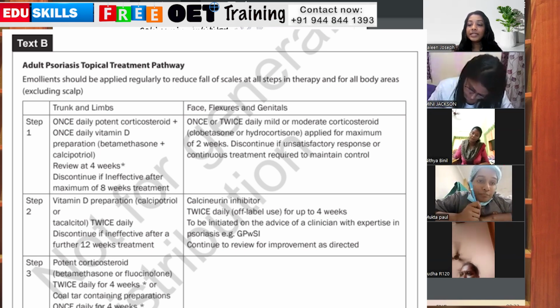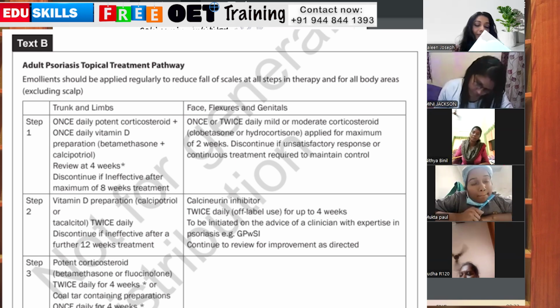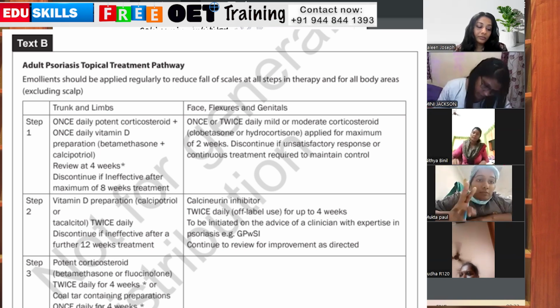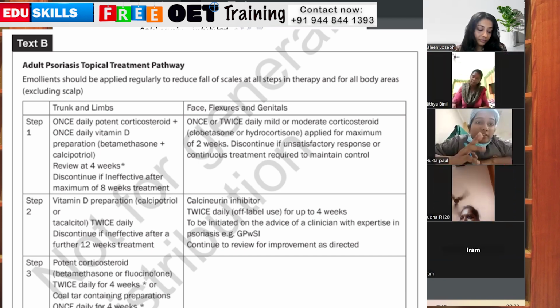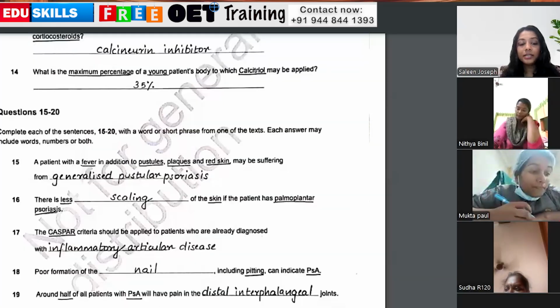Yes, 2 weeks, from the text, the last point: flexures and deltoids, once or twice daily, mild or moderate corticosteroid. It is applied for a maximum of 2 weeks. So if it is not resolving in 2 weeks, then the treatment should be stopped. So that is the answer.